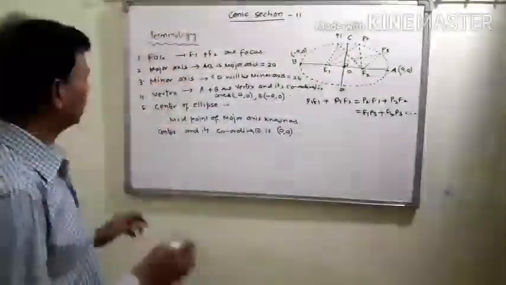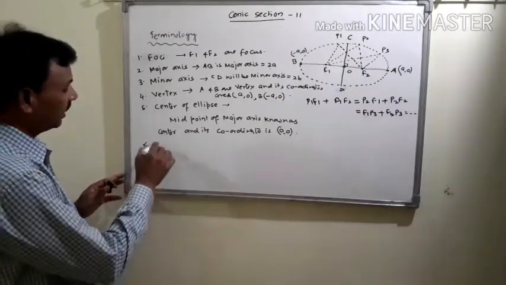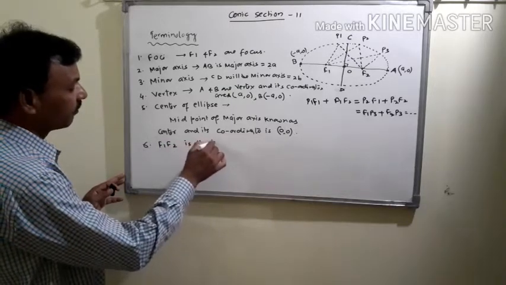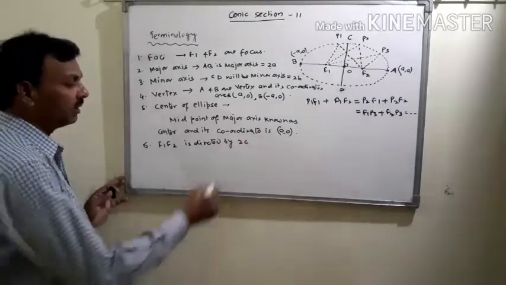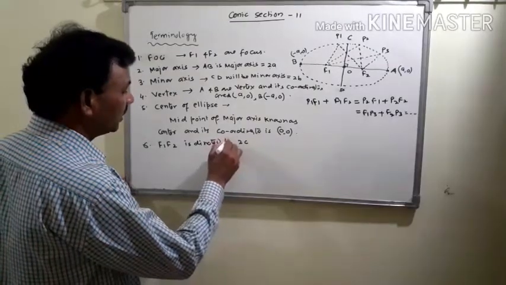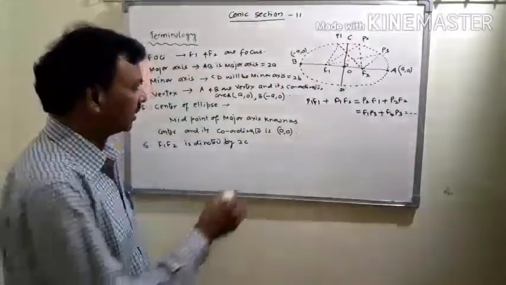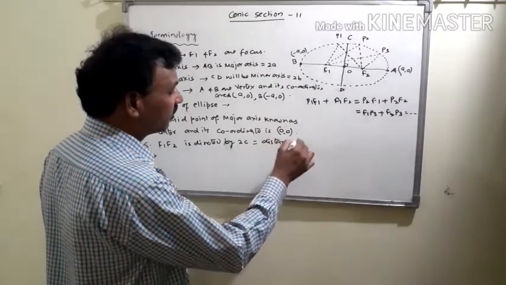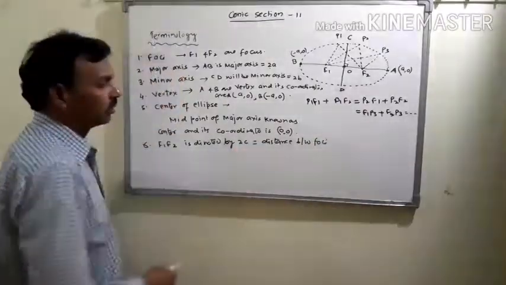The distance between F1 and F2, that means the distance between the foci, is denoted by 2C. So the distance between foci is equal to 2C.